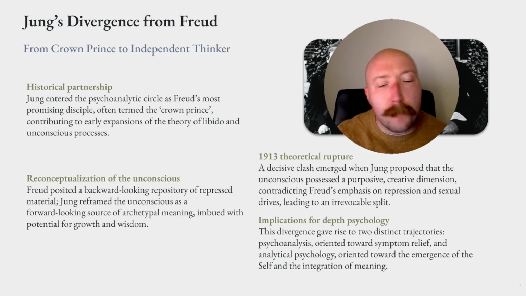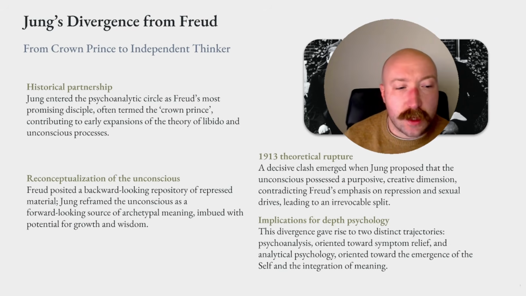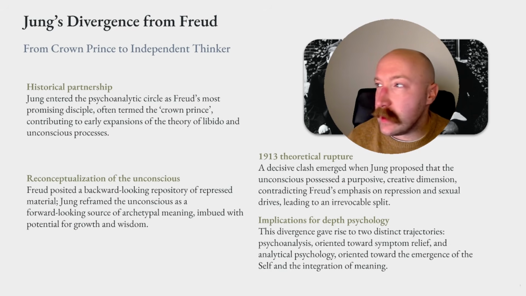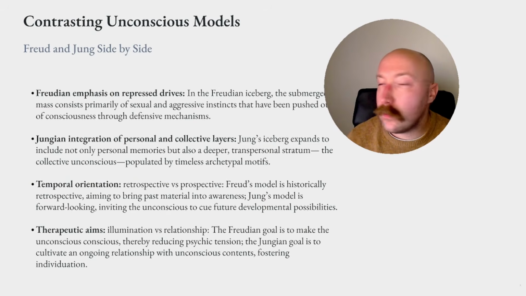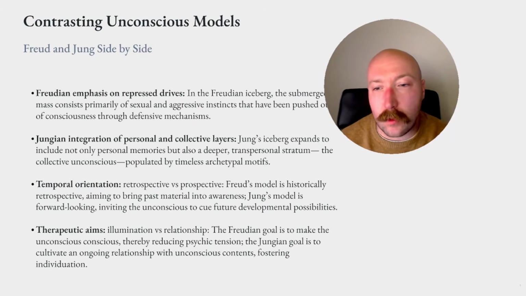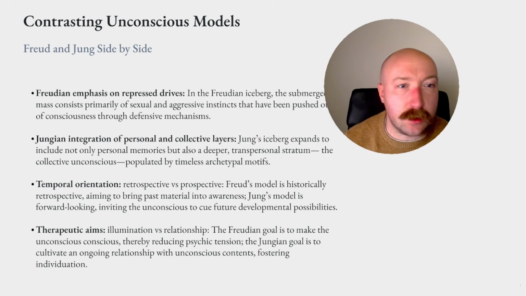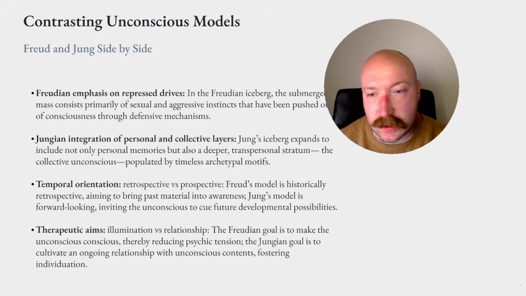There is a massive overlap between the two, but they have distinctly become their own things. So, moving forward from the divergence from Freud, we begin by contrasting these two unconscious models. We want to put Freud and Jung a bit more side by side.